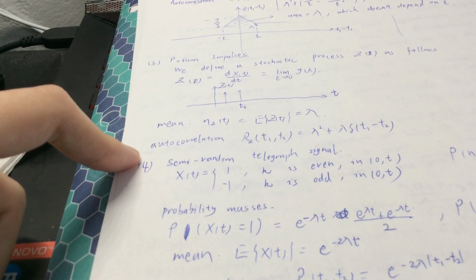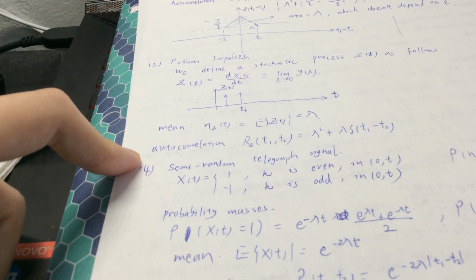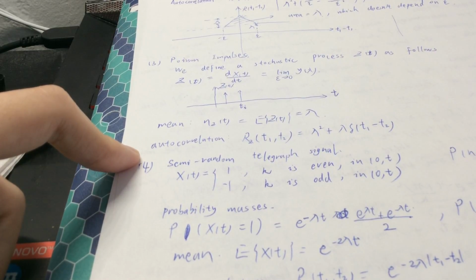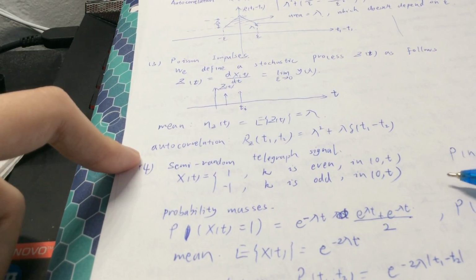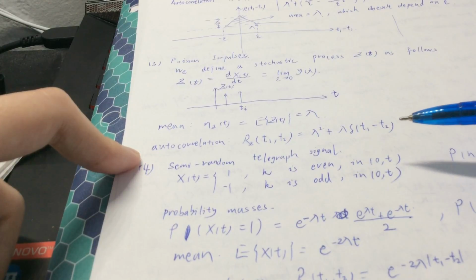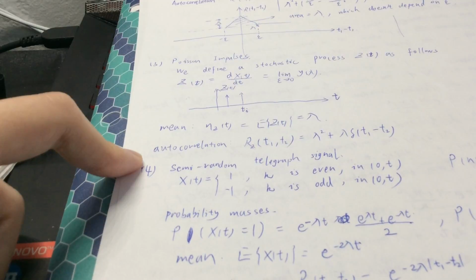This definition is constructed under the Poisson process, so from the definition of the Poisson process, we can derive the probability masses as I list in this line.